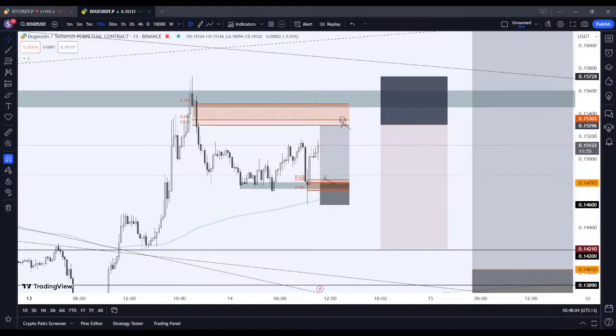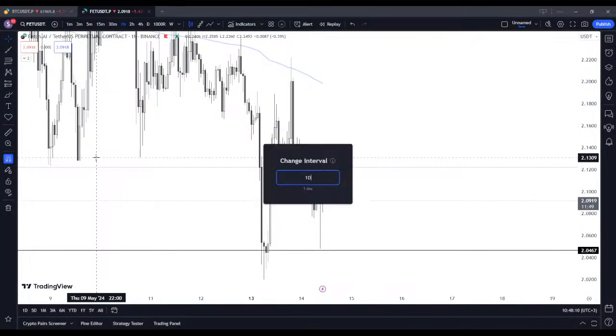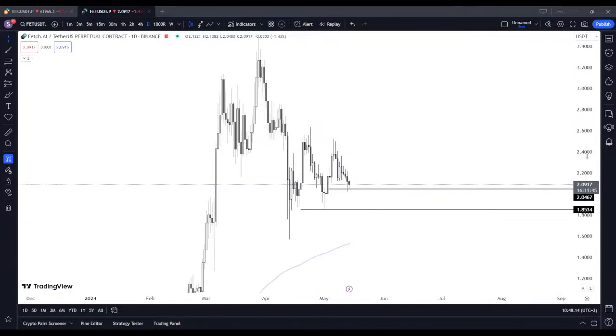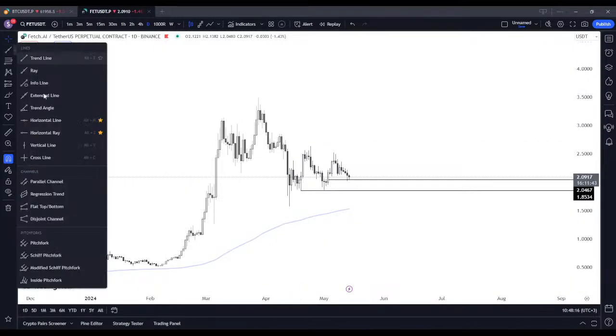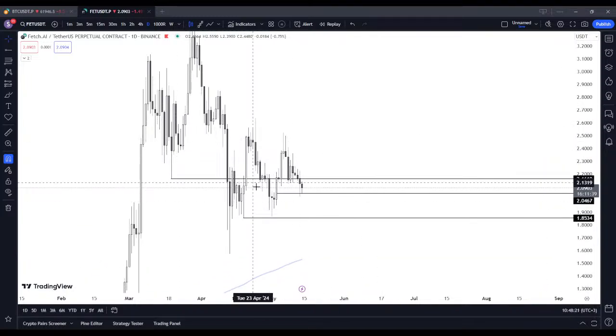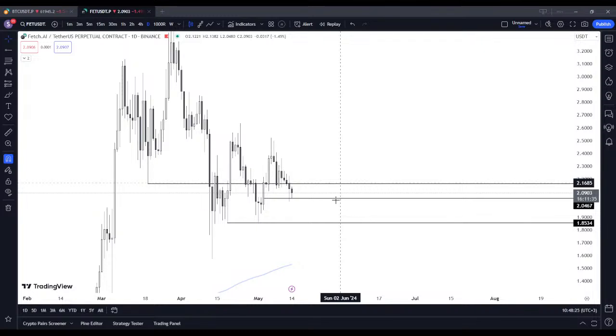And let's check some charts. Let's go on Fetch AI, FET USDT. Let's see daily. I'm very interested about how daily is looking. Well, we are below resistance, below S&R. So we have a bearish order flow. Technically speaking, we are in a daily FVG.